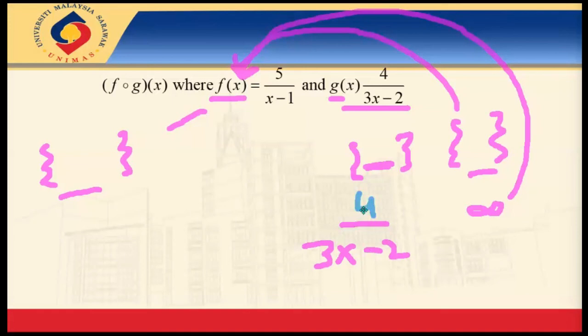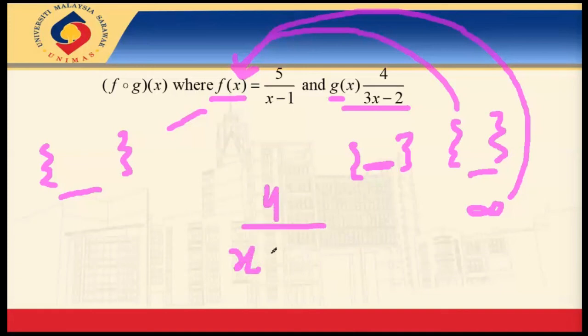Let's suppose it is 2 over x minus 2. Now if we replace the x by 2, then 2 minus 2 is equal to 0, right? And 4 divided by 0 is infinity.